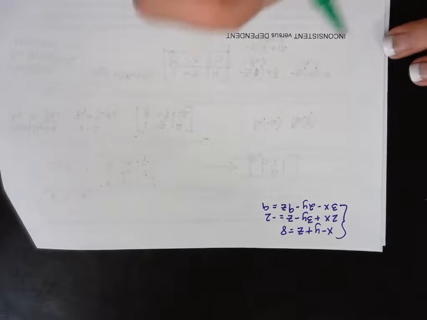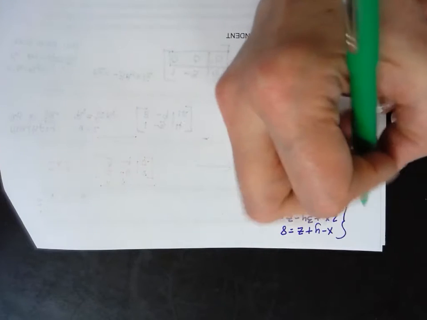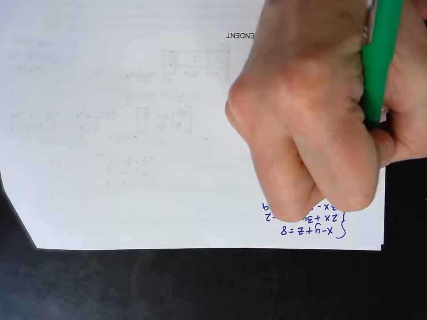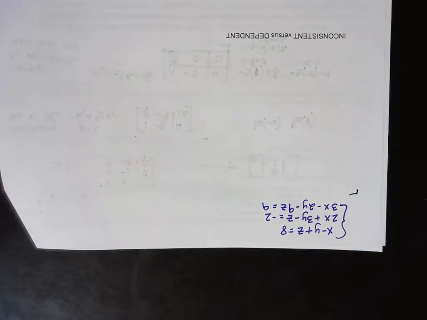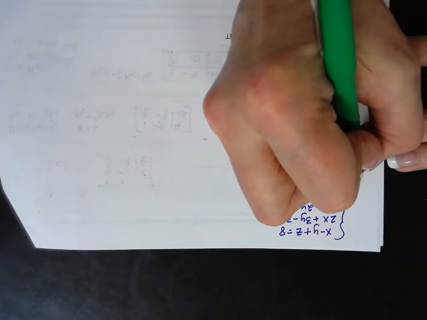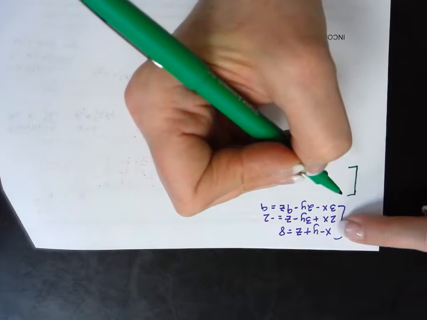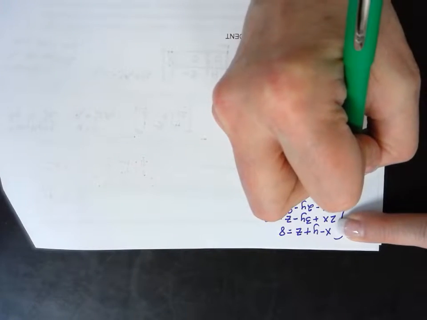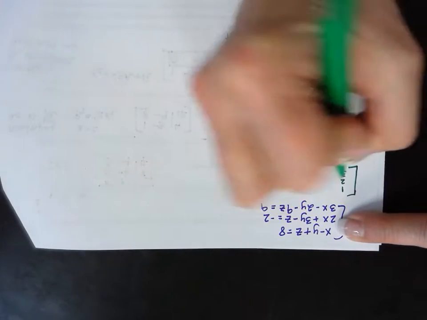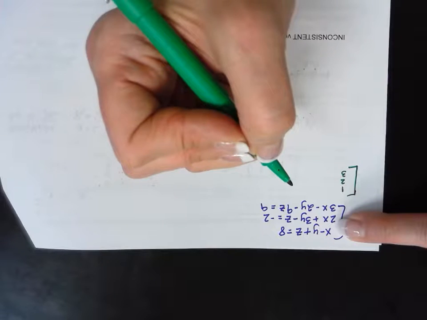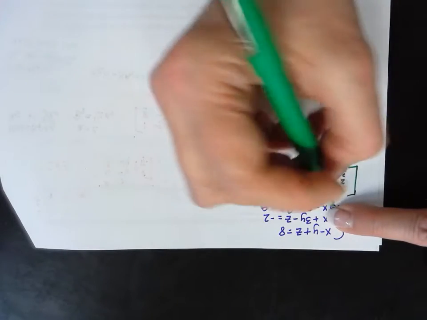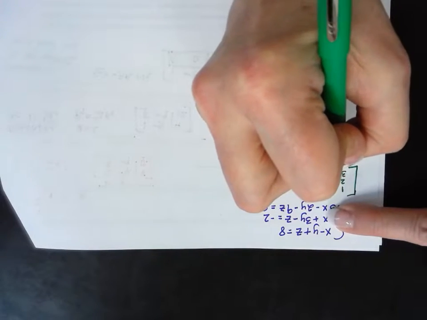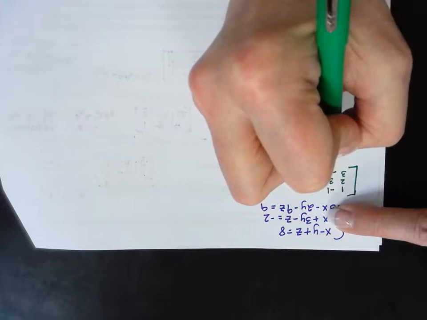Okay, so first step, write my augmented matrix. So my x's are going to be 1, 2, and 3. My y's are going to be negative 1, 3, negative 2.